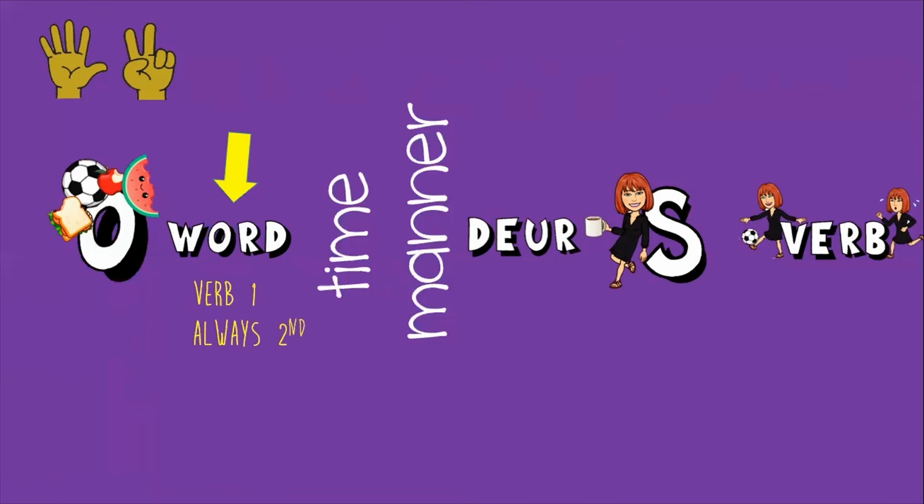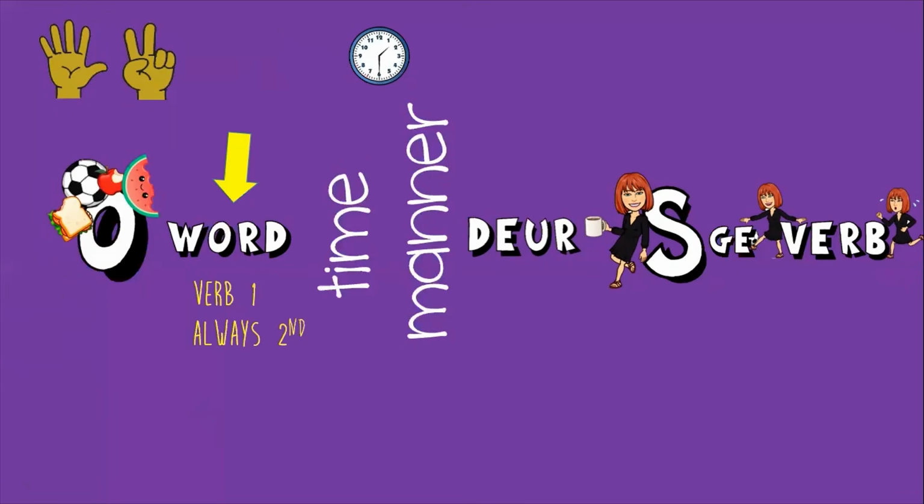We always have a verb second in the sentence, so we cannot change it. So after that, we will have time, then the manner, and then deur die subject and a verb at the end, geverb.